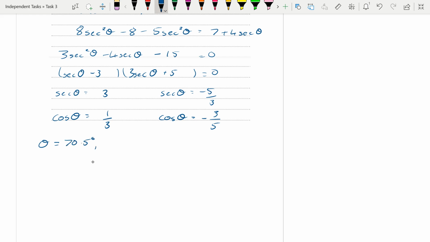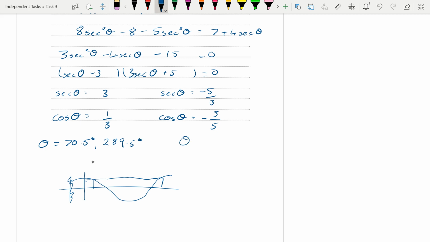I need to find the other one. So you can think about your graph. Cos graph looks like this. If I could draw a bit better, let's put my x-axis there. Just ignore this one. There's 70. So I go straight across. I'm looking for this value, which is going to be 289.5.